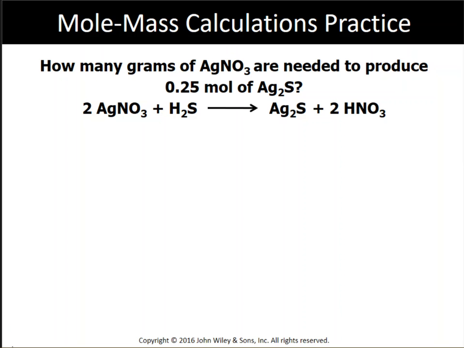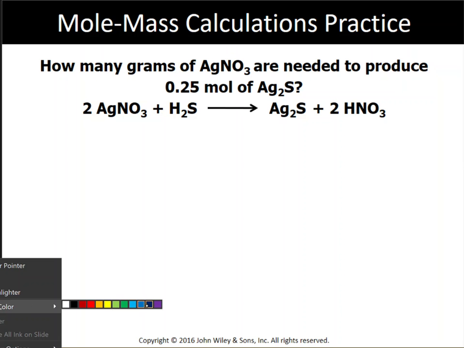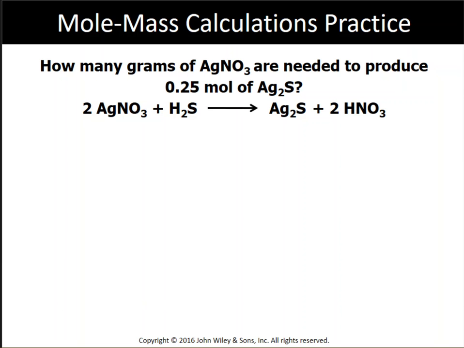So here, moles of silver sulfide is given to us. So from moles of silver sulfide, we want to find the mass of silver nitrate.